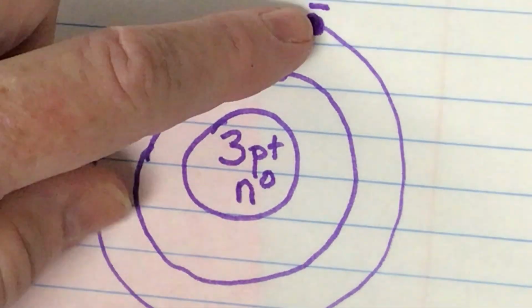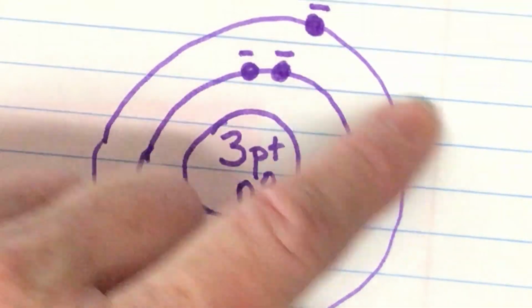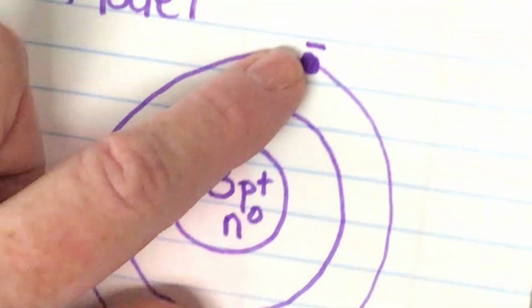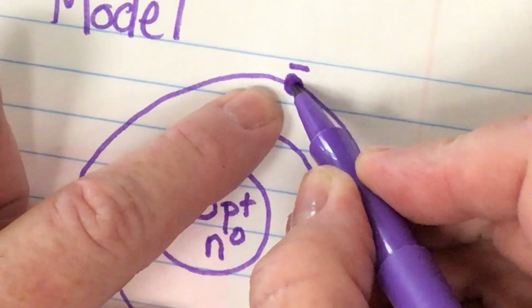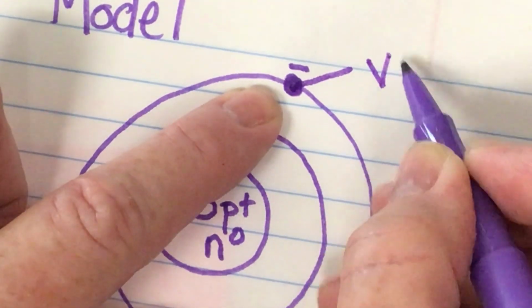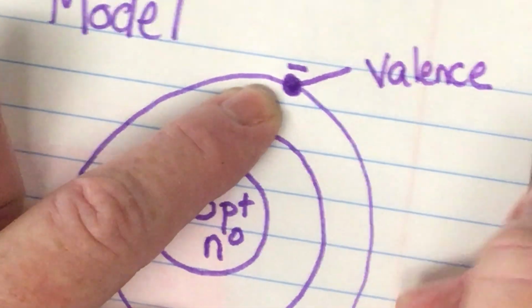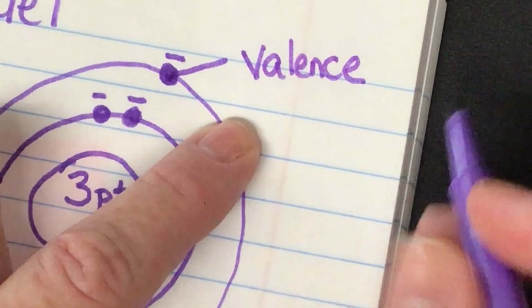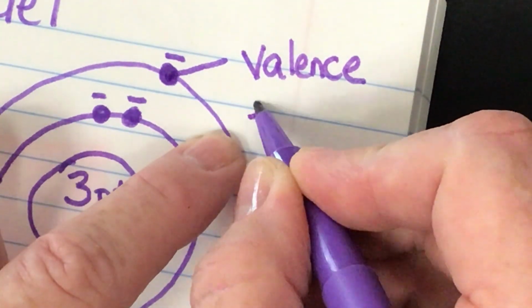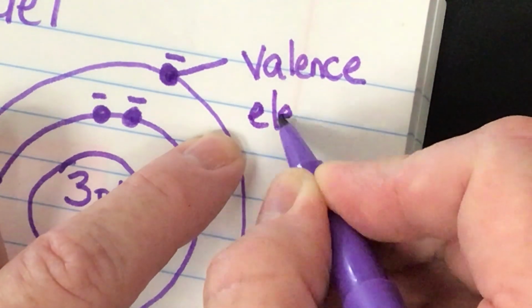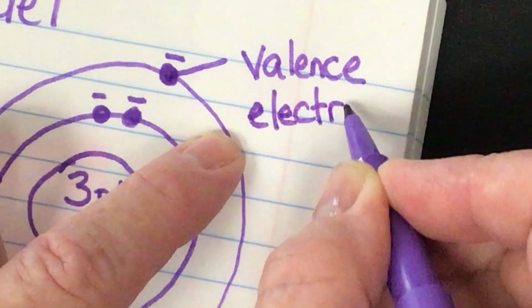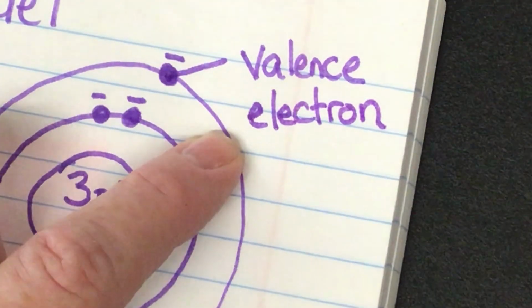Now, this lone electron out here, you find the outermost orbital. This electron is called a valence electron. It looks like valence. If you say valence, that's fine too. So that's a valence electron.